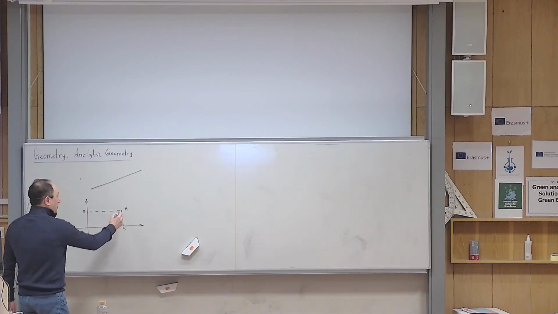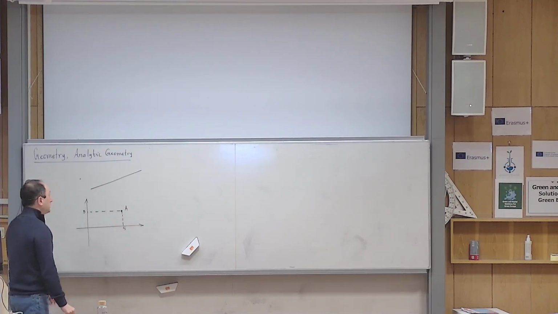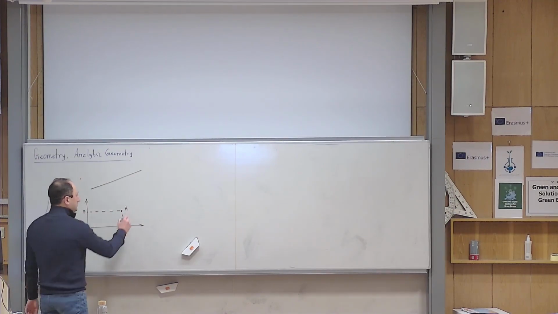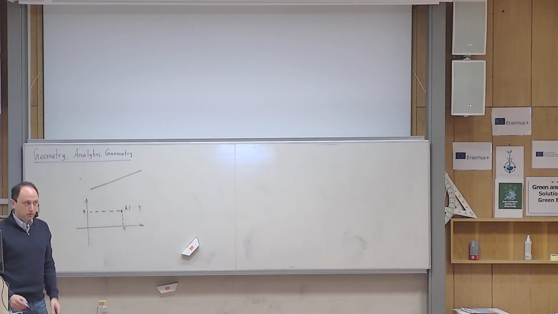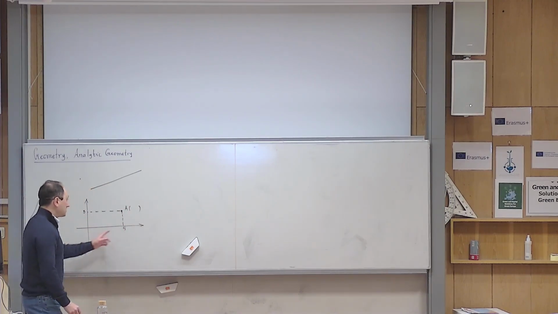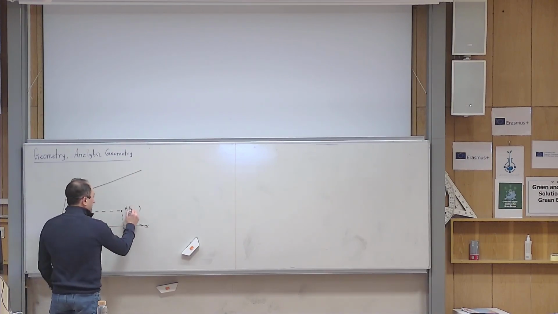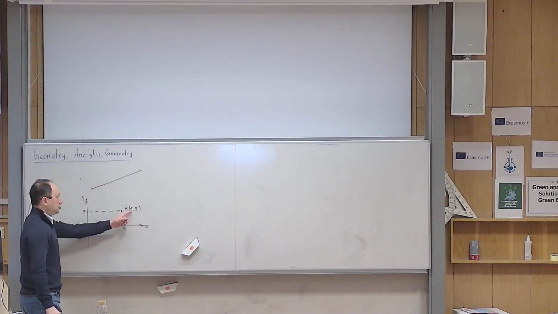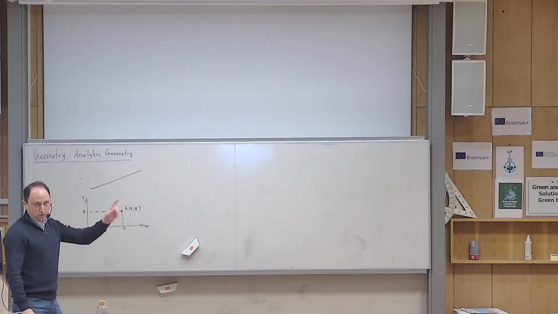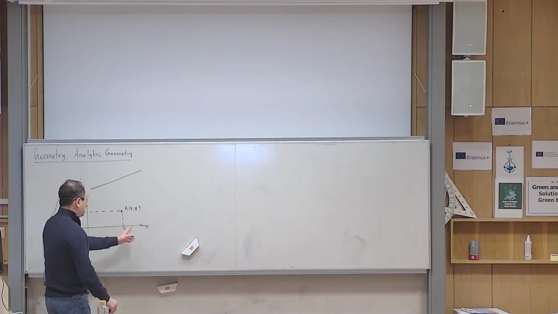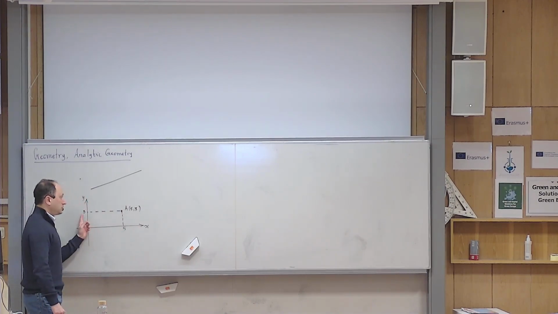A is a point from a geometrical point of view, but in analytic geometry, which is a combination between geometry and algebra, I can write the point with two numbers. One is called the x coordinate, and the other one is called the y coordinate. I would say that the point has coordinates 5 and 3, and by convention, the number sitting first is the x, the number coming next is the y. That's the convention.